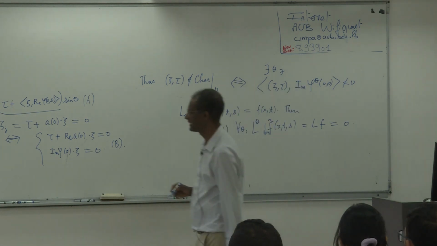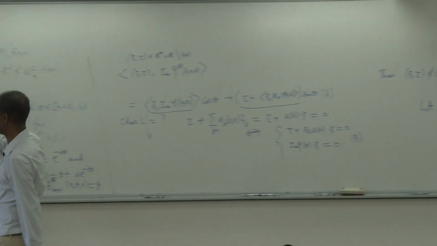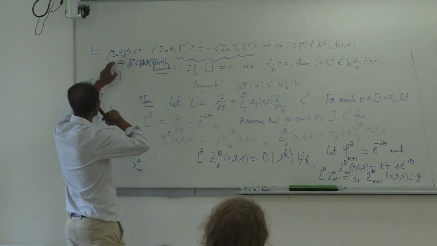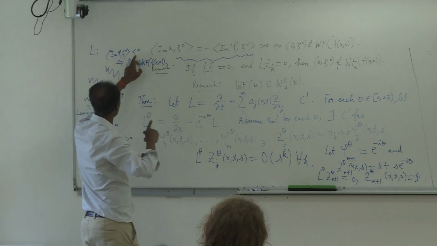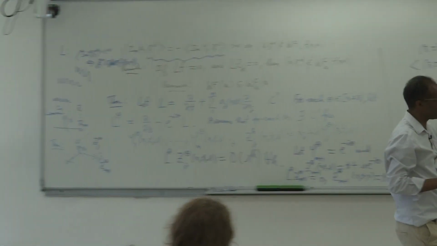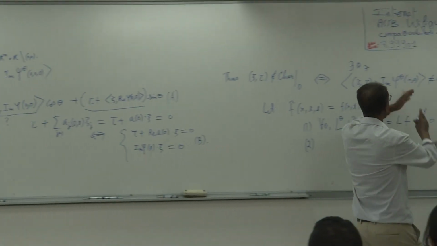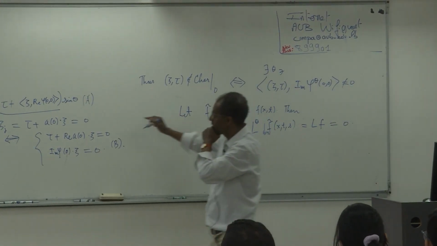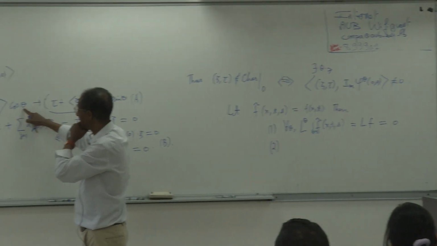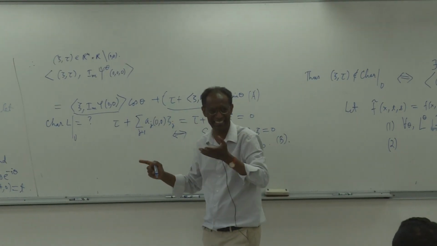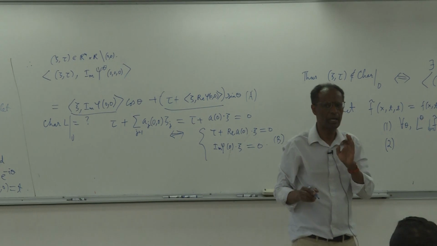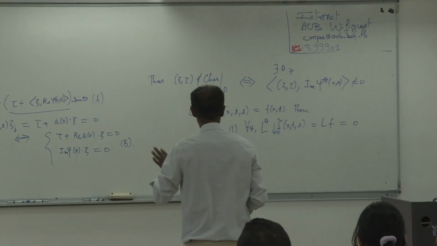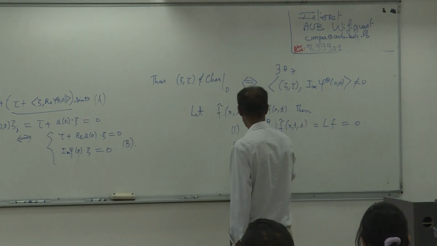Two. Okay, so I want to apply this result to L theta now. Except that here I had a condition, imaginary part was negative. But now all I know is it's non-zero. It could be positive. Well, if it is positive, if I change theta, this will be negative. Not by minus theta, by pi minus theta.